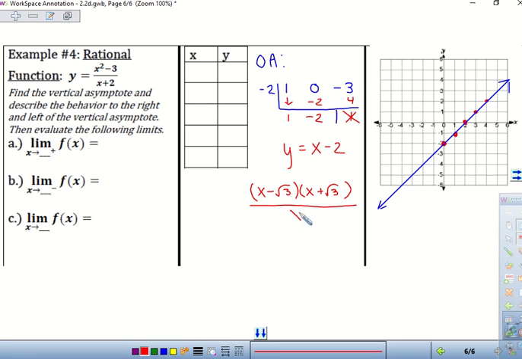So if we want to find our vertical asymptote, what do we need to do? How would we find that? So this is 0. Yeah. Good number. So we get x equals negative 2. Does everybody see where I got that from? Does anyone need any clarification on that? Okay, we get here. Alright, cool.